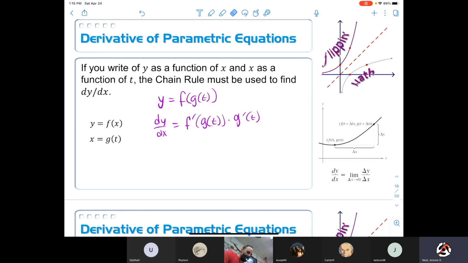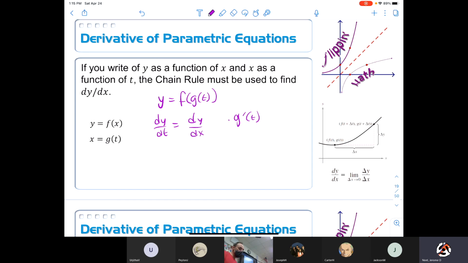Okay. So this actually should have been dy dt. We're taking the derivative of y with respect to t. And this one here, this is the y's derivative with respect to the inside, which is the function of x. So we took it with respect to the g of t function, which was the function of x. Inside here is your dy dx.